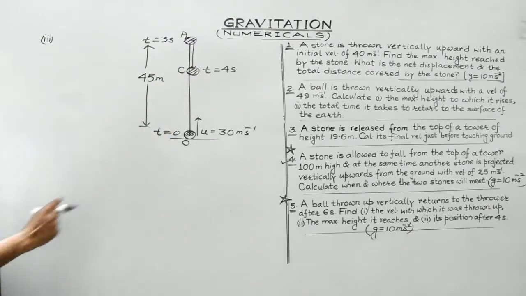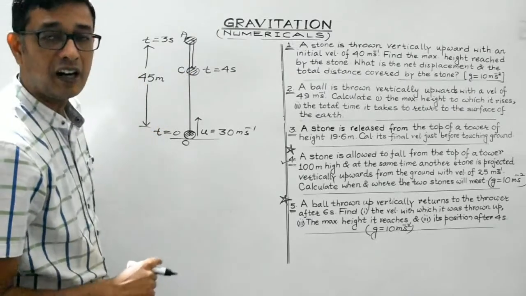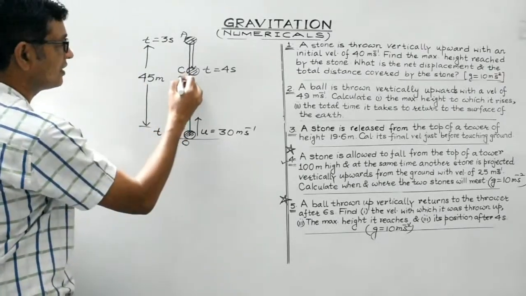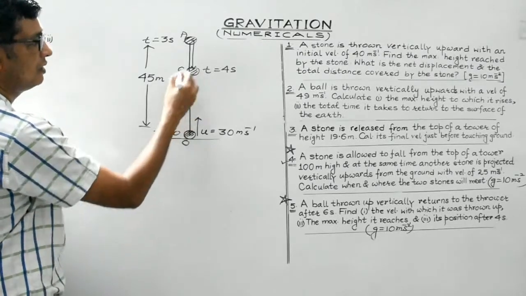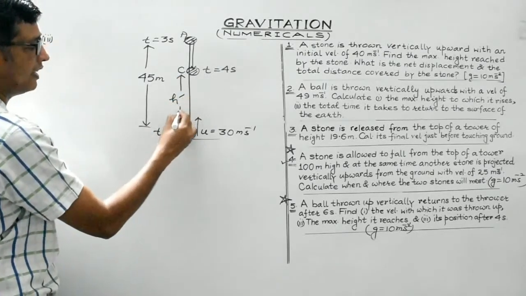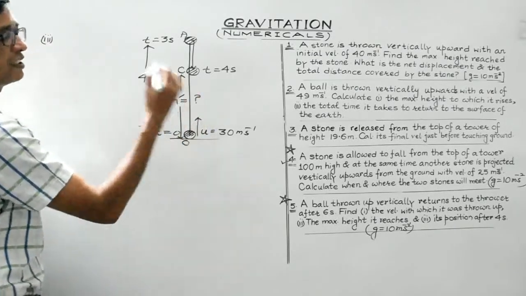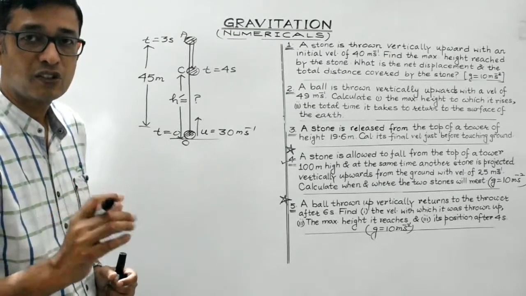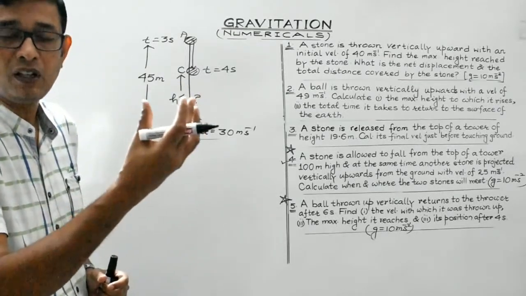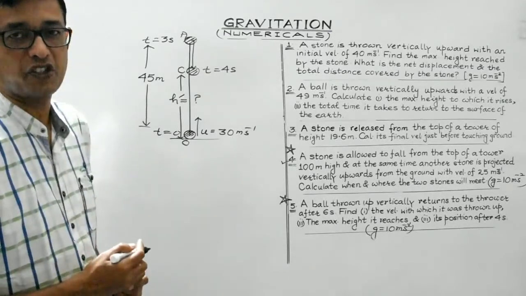So we are supposed to find out the position of the ball after 4 seconds. So let us consider the position of the ball after 4 seconds be C, which is at a height h dash from the ground. So this h dash is to be determined. H dash is the height of the position of the ball above the Earth's surface after 4 seconds of its projection.